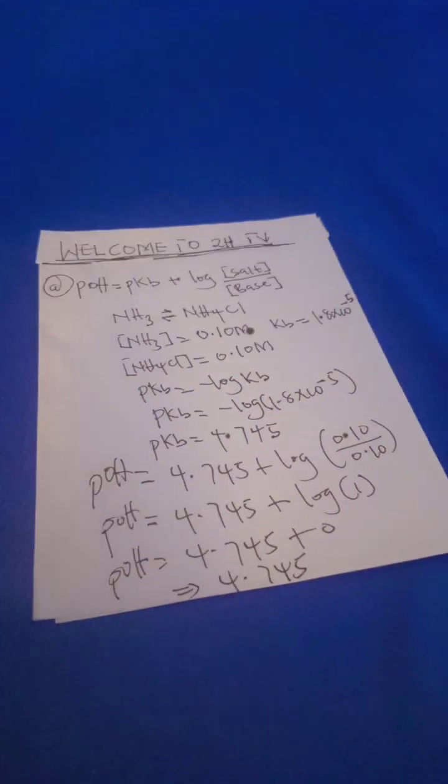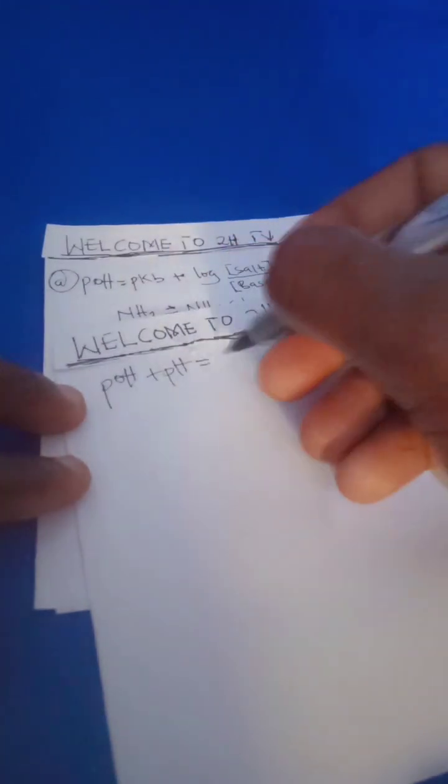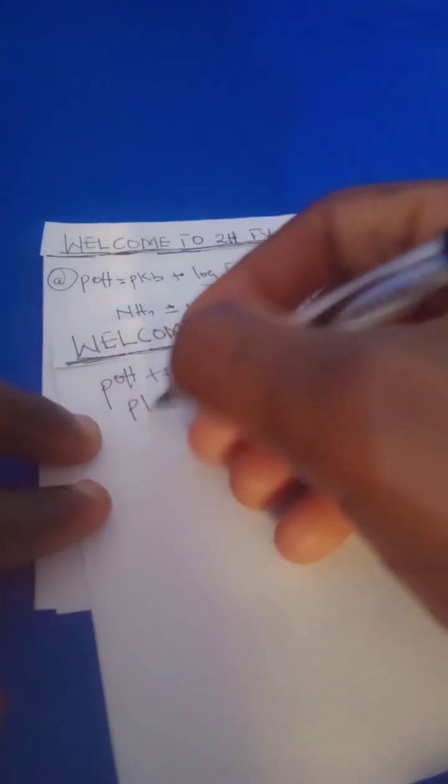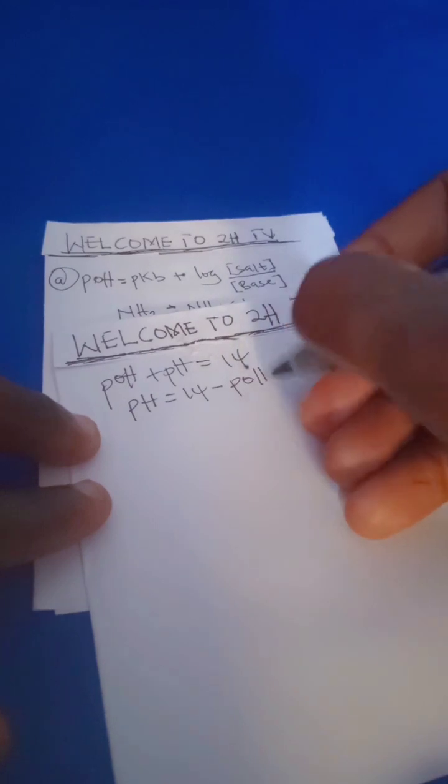Let's quickly look at the B part of the equation, which says that we are to find the pH of the buffer solution prepared. And we know that pH and pOH sum up to give us 14. So pOH plus pH should be giving us 14. Now we know pOH, right? So we can find our pH, which is equal to 14 minus what? pOH, right?